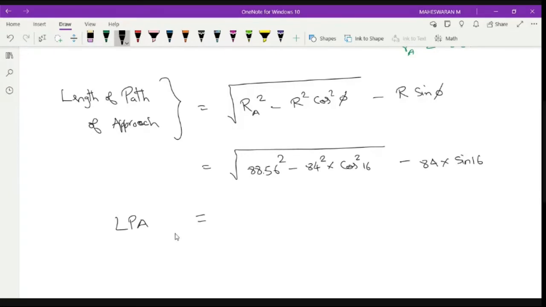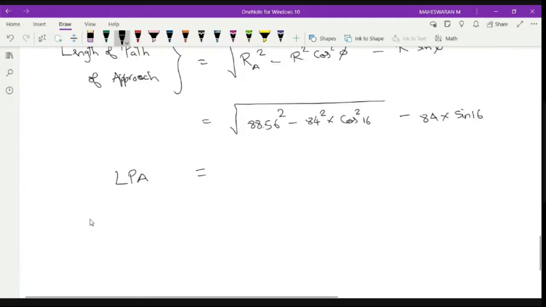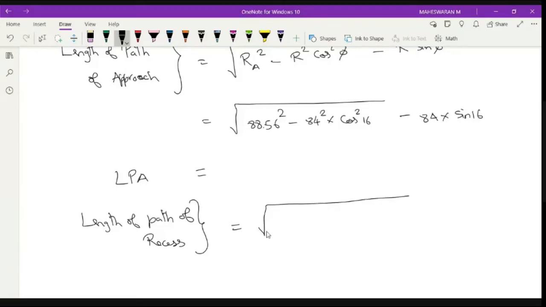Similarly, we can also identify the length of path of recess. It is the same, only thing is it has to be small letter. So small RA square minus small r square cos square phi minus small r sin phi. It is LPR.